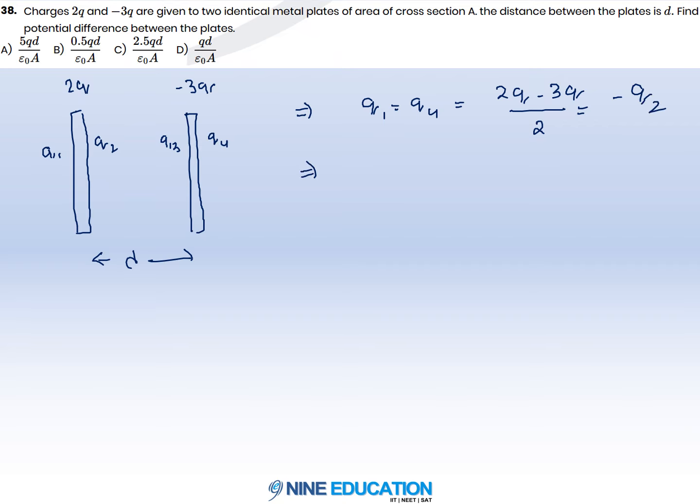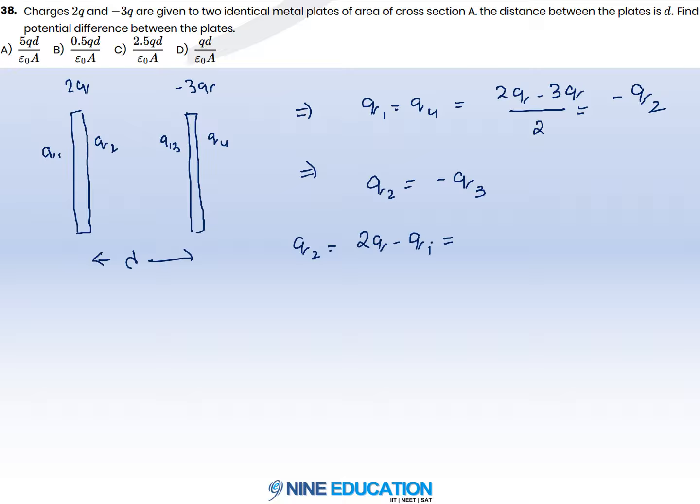On the inner surfaces, by conservation of charge, we have equal and opposite charge, so q2 is opposite to q3. By conservation of charge, q2 is 2q minus q1.